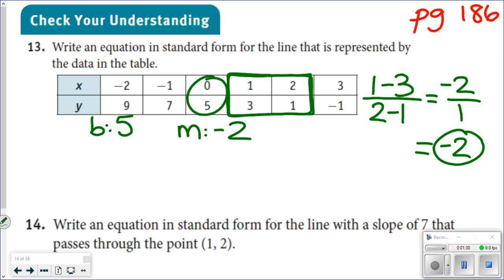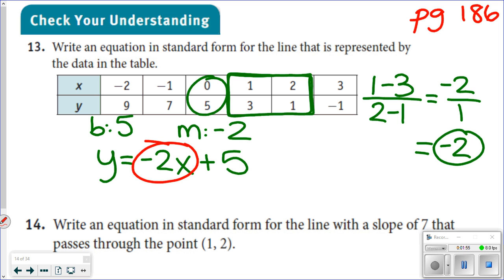So now I can write this in slope-intercept form. I could have chosen to use point slope form, but right away the y-intercept stuck out to me, so I'm using slope-intercept form instead. So y equals negative 2x plus 5, and now I need to convert this, which means I need to move this negative 2x over here.